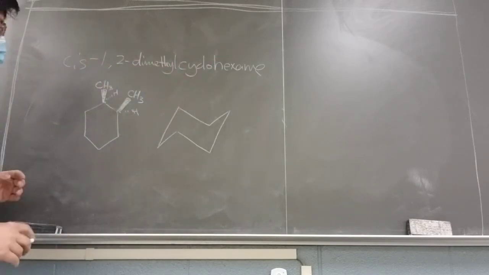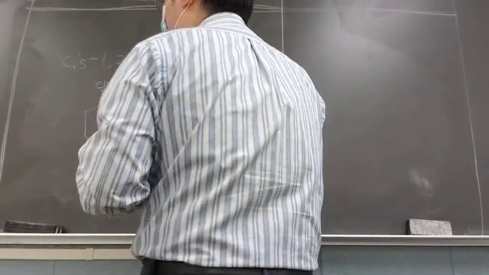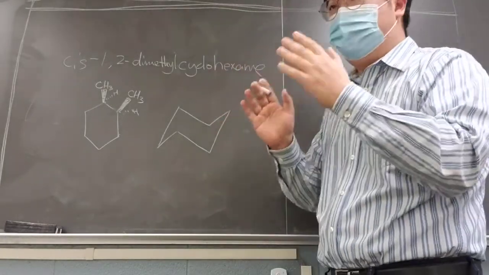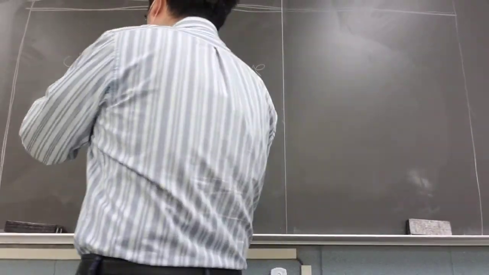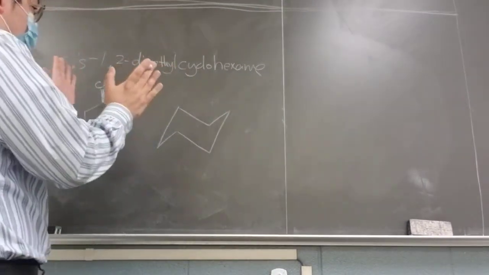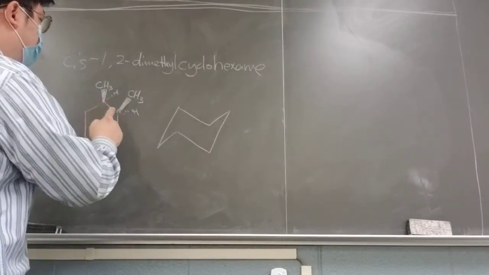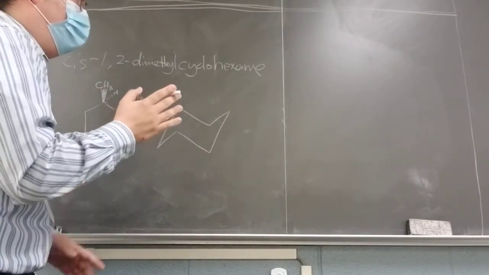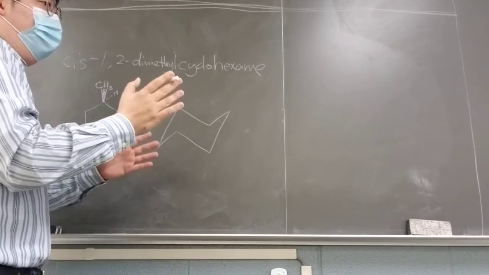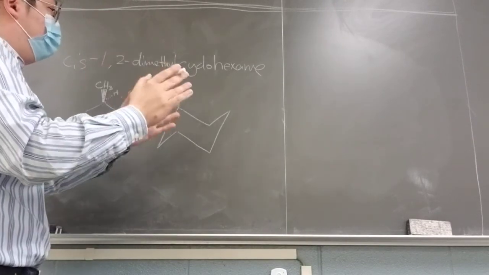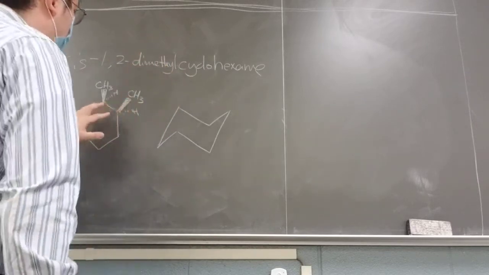So let's make those two up positions. Whether you put both up or both down doesn't matter, as long as they're on the same side. If you put those two on the same side, it has to be up, either equatorial or axial position. As long as it's up, it's a cis.